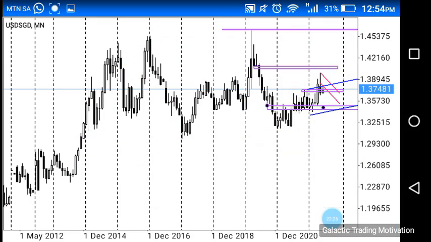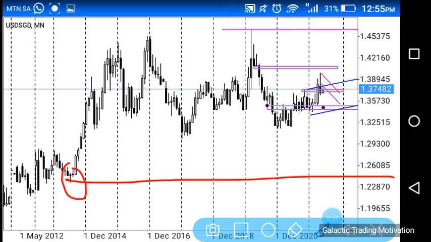Another thing is that we have this candlestick over here, which is a bearish candlestick with a small body and a long lower wick. So this tells me that we have liquidity there, and that the market at some point has to grab that liquidity, because that liquidity actually represents a lot of money.